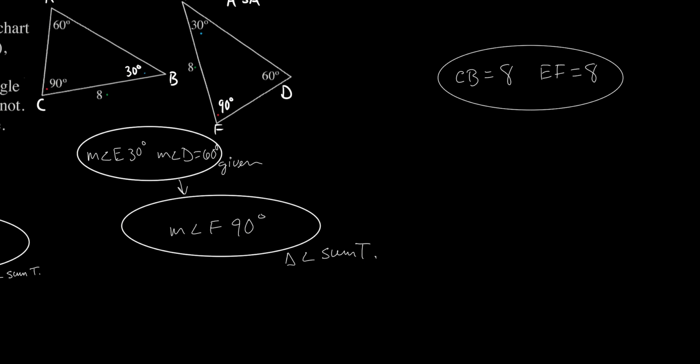And since those two segments have the same length, it has to follow that they are congruent to each other. So now I can say segment CB is congruent to segment EF.